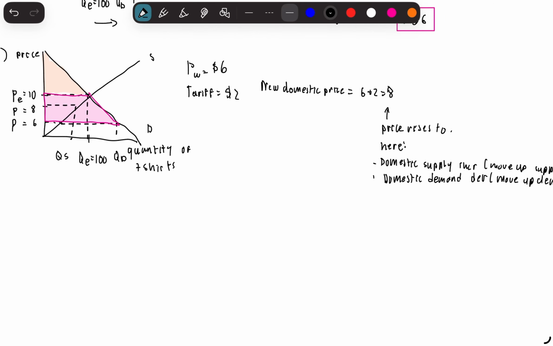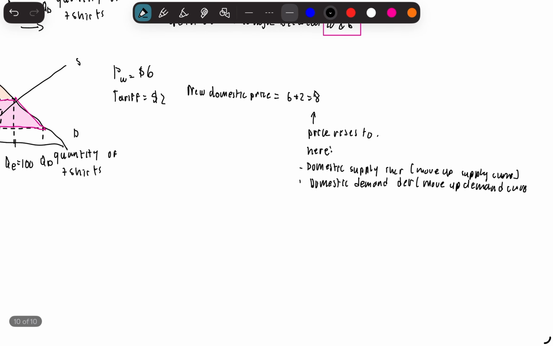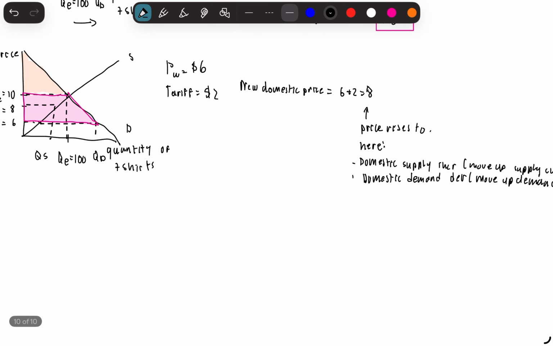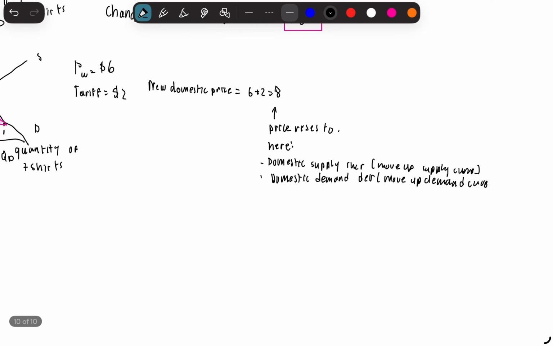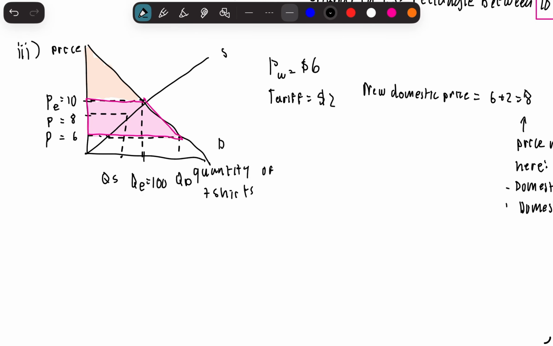So you see that from 6, you go to 8. You go up the supply curve and up the demand curve. So your horizontal line is at 8, you find where that hits the supply curve, you drop to the quantity axis and label that QS. That's going to be greater than the supply at $6 and less than 100 because the price rose but is still below $10.